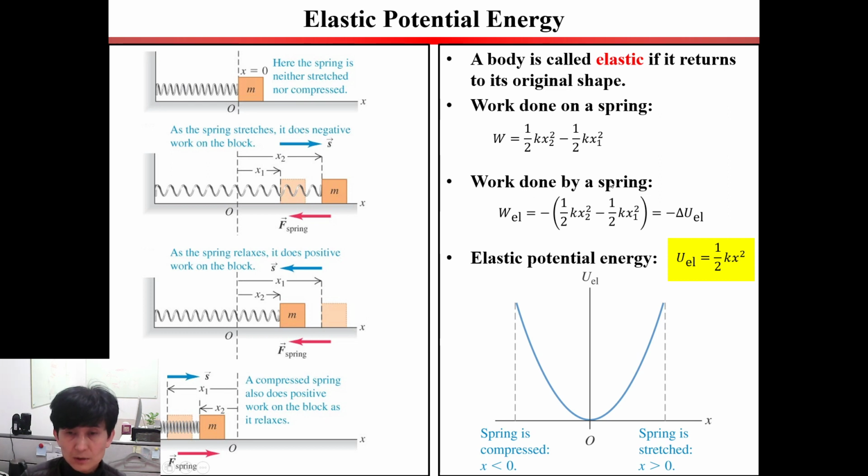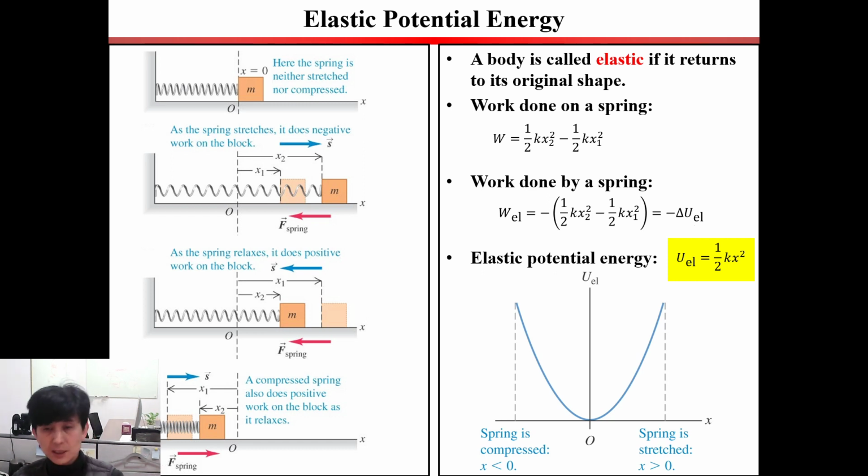So the work done by the spring is calculated as the minus 1 over 2 k x2 squared minus 1 over 2 k x1 squared. That is defined as the minus delta potential energy.